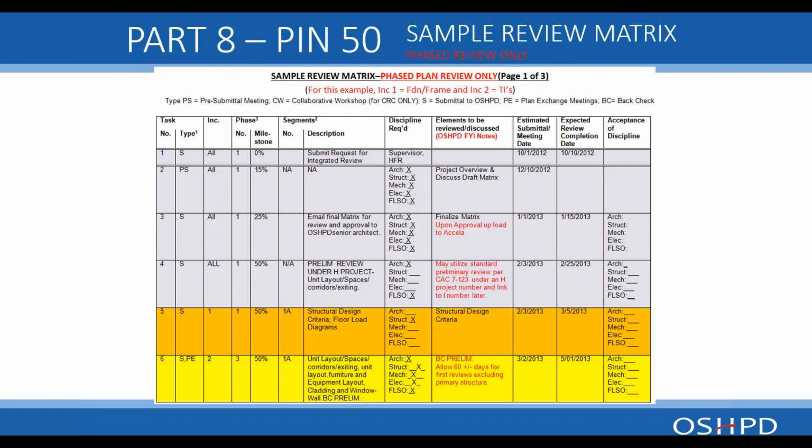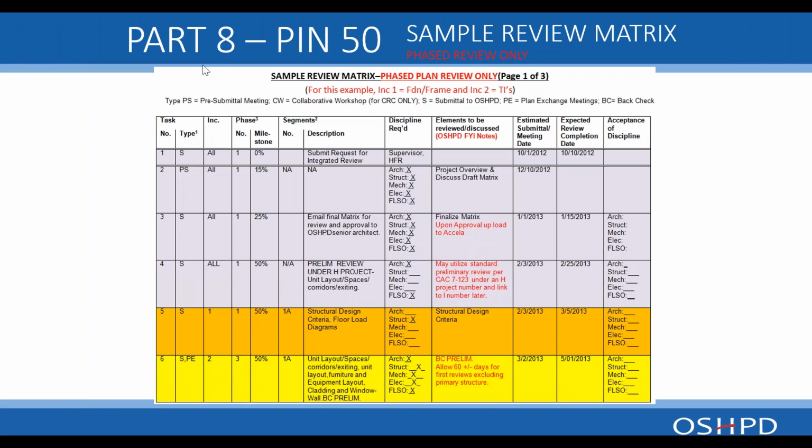The sample review matrix here is for phased plan review only, and this example is for increment 1 foundation frame and increment 2 tentative improvements.